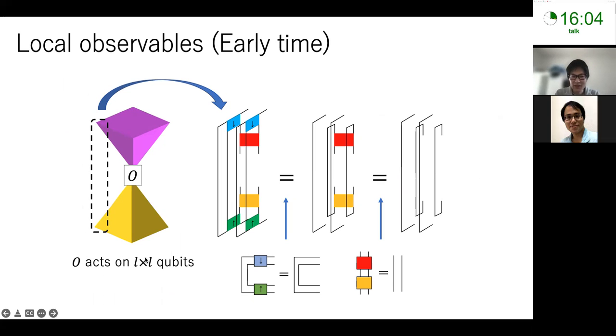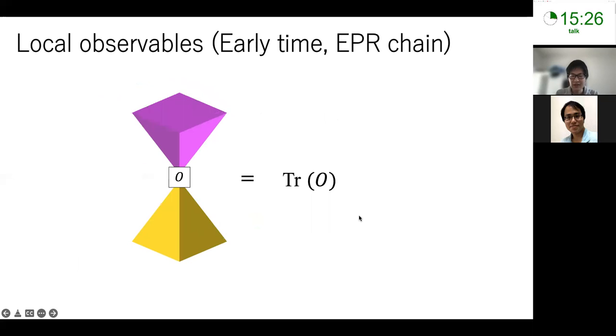This is a very rough figure, but in detail, the unitary gates form this tensor network, and as in the 1D case, by using the local definition of dual-unitary gate, we can remove this dual-unitary gate like this, and by using the unitarity at odd time, we can remove a unitary gate like this. By repeating this procedure, we can calculate that this local expectation value is equal to the trace of the observable.